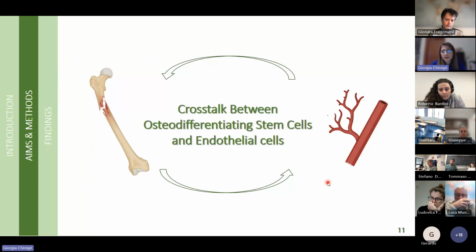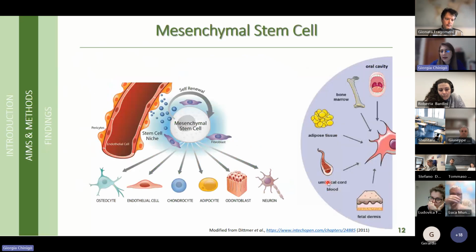To this purpose, we look at mesenchymal stem cells because, as you know, mesenchymal stem cells physiologically play a key role in bone regeneration. Indeed, when a fracture occurs, mesenchymal stem cells actively participate in the inflammatory phase, but also in the repair and remodeling phases we spoke about before.